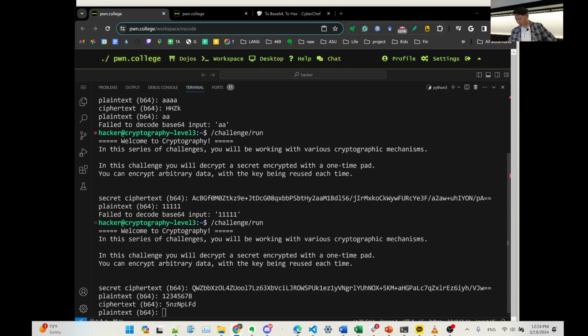Okay, this is the basic concept in level 3.